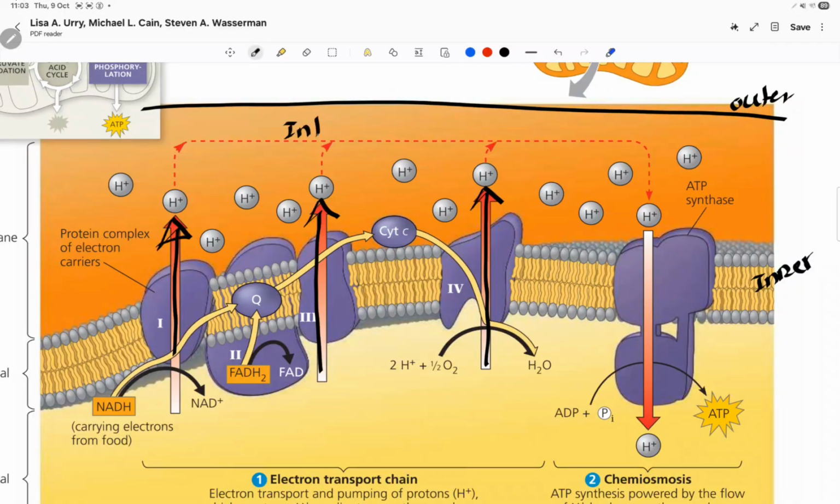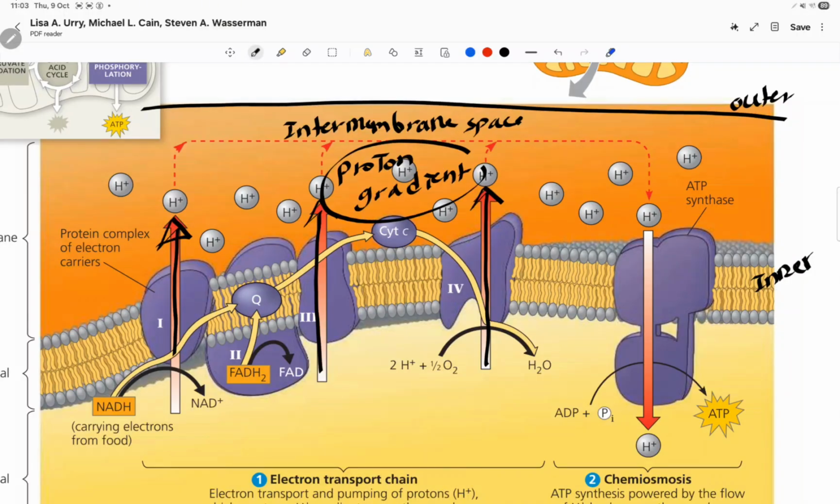It's called the intermembrane space. H pluses will accumulate in this space. Their accumulation here will create a lot of them in one area. When you have a lot of H's in one area, we call this the proton gradient. So a proton gradient is going to be created during the electron transport chain.